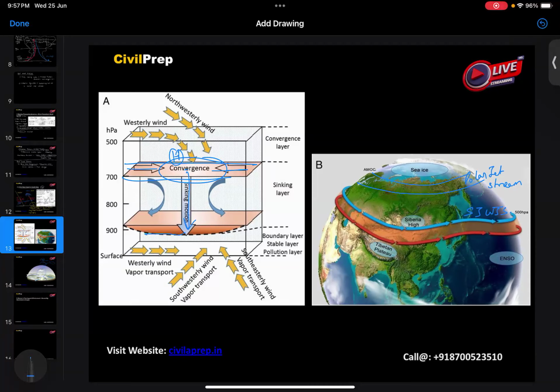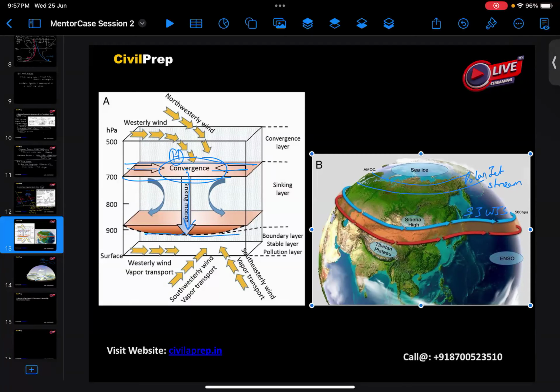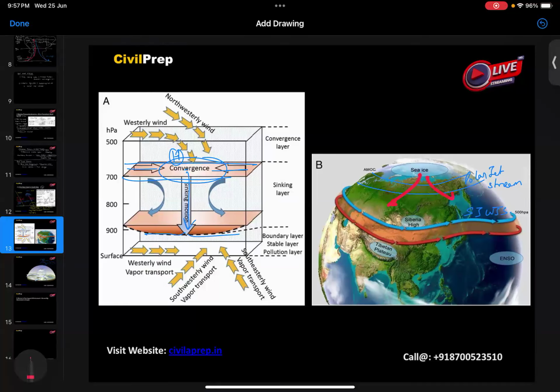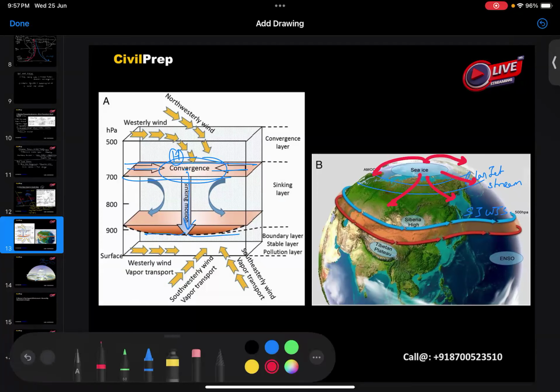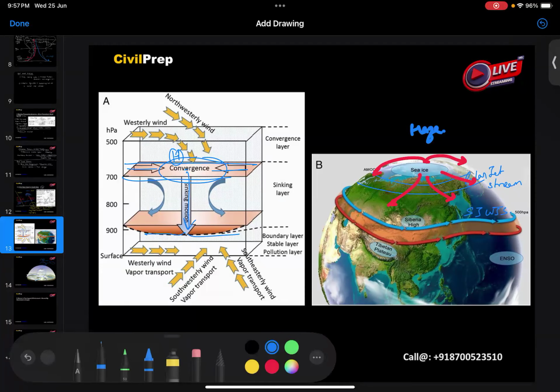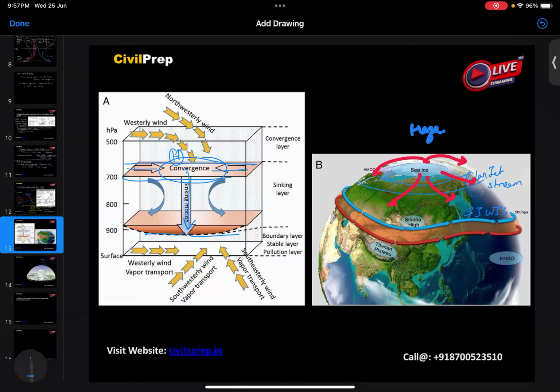Because of this, there will be outmoving of this haze to the various tropical and subtropical regions.